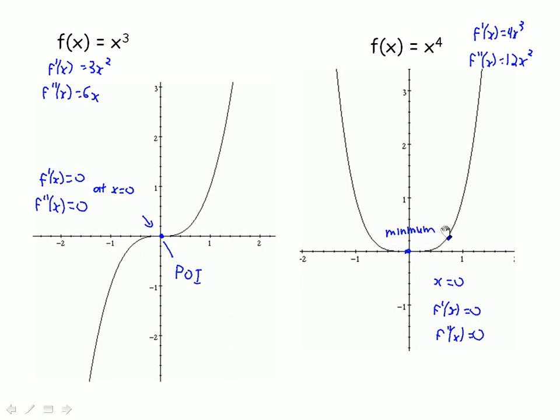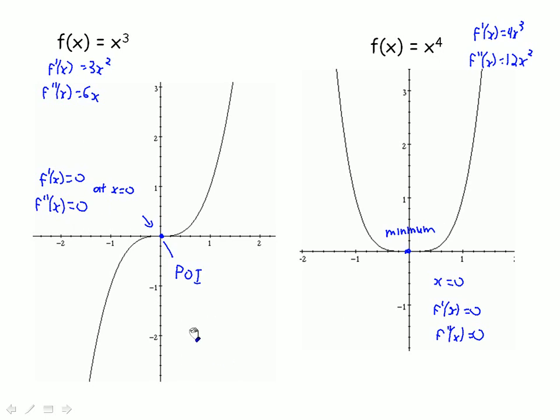And mathematically, we were not able to tell. In both cases, the first derivative is equal to 0 at that point, and the second derivative is equal to 0. Yet in one case, that point, x equals 0, turned into a point of inflection, and on the other, it turned into a minimum. So the question is, how do you tell?